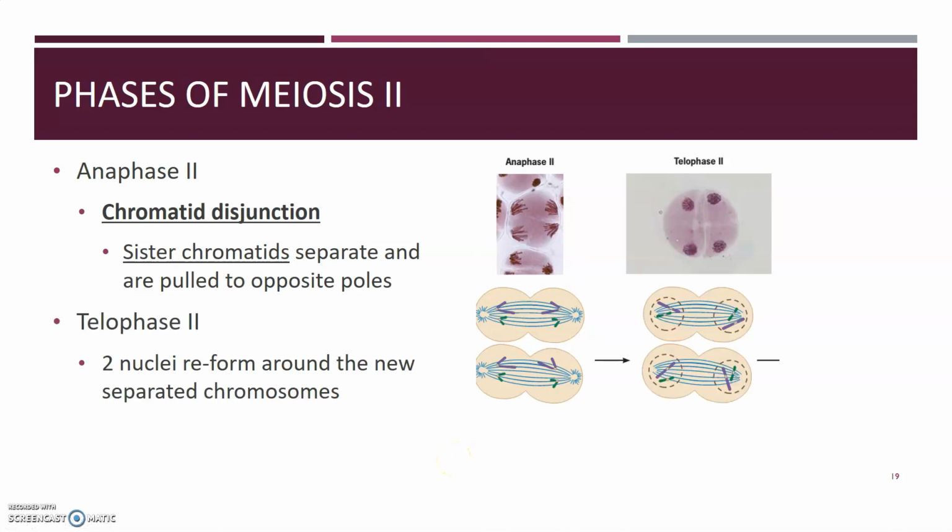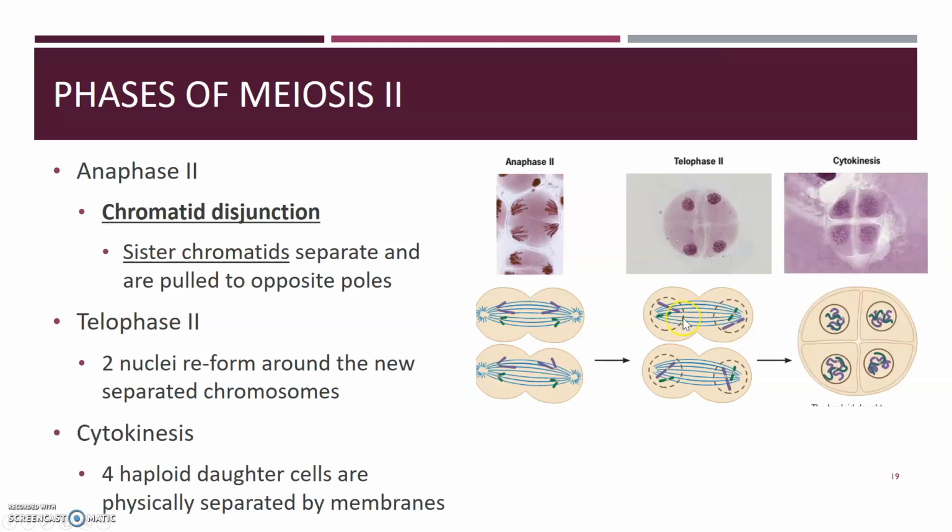And so at the end of all of this, in telophase 2, you now have sister chromatids in 4 individual nuclei that form around those chromosomes. The mitotic spindle dissolves, and you end up with 4 separate nuclei. But you'll notice that the cells are still technically physically connected to each other.